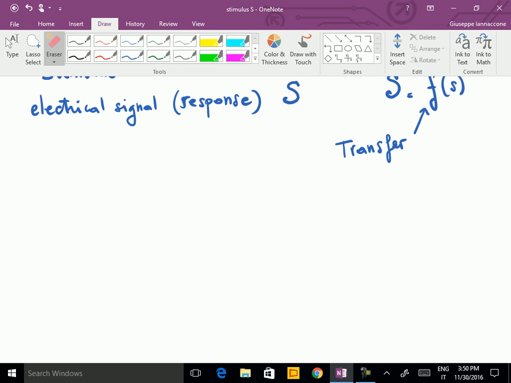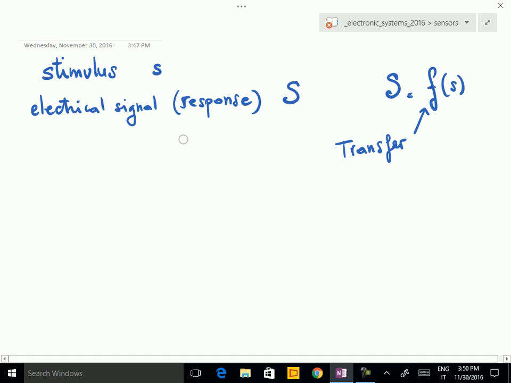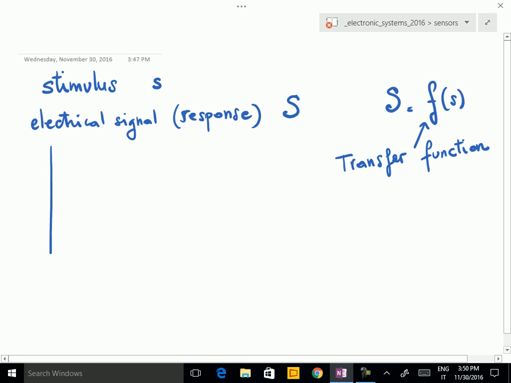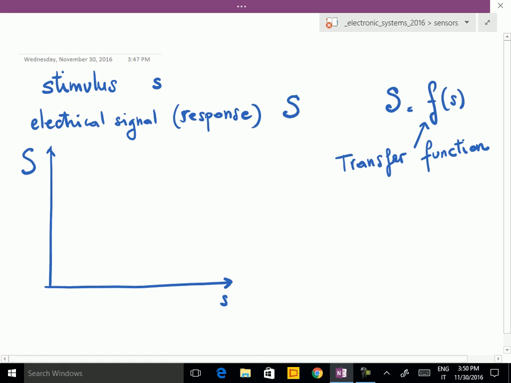According to this definition, of course, it does not mean to be linear. It is a generic one value function. Of course, this is a simplification which is valid in static condition. We need a monotone function, of course, because it has to be invertible.